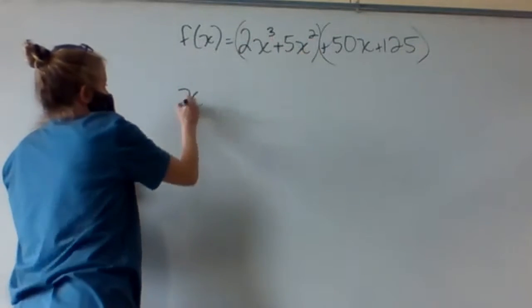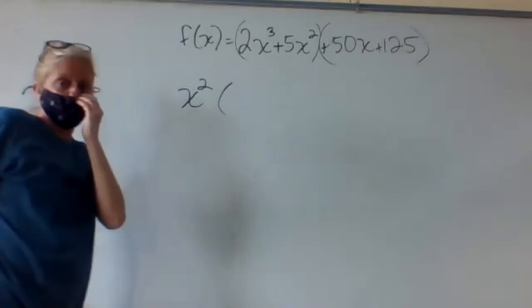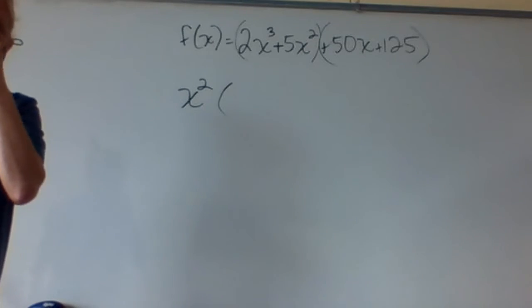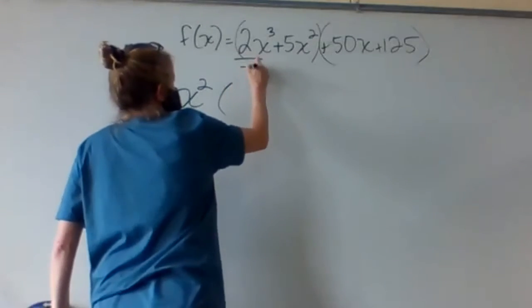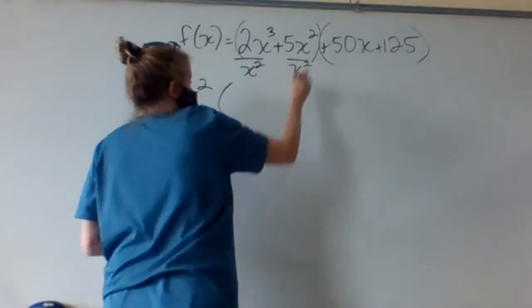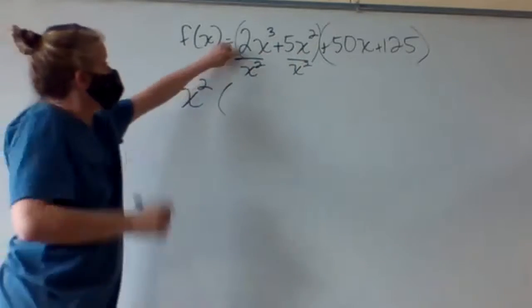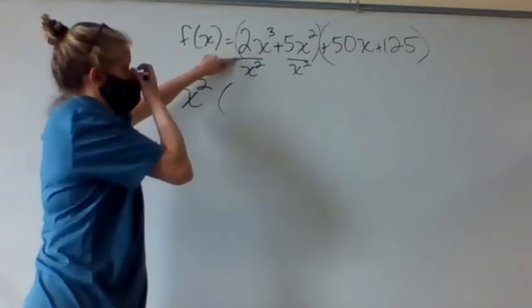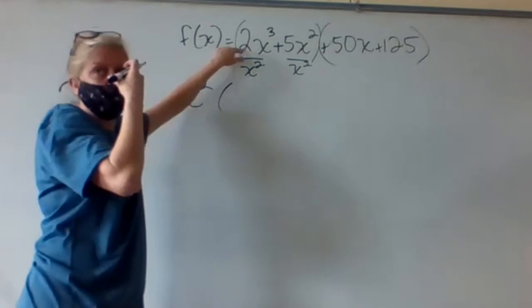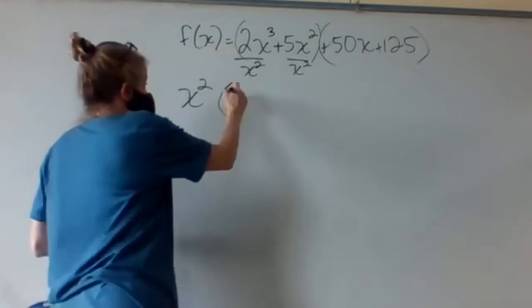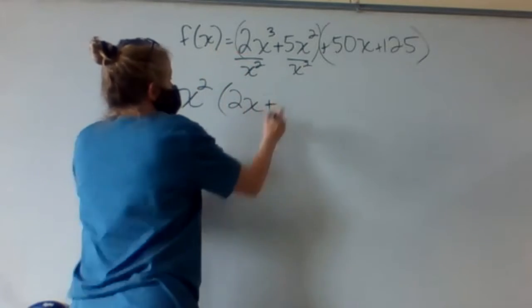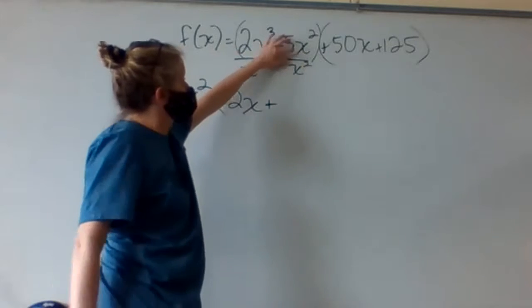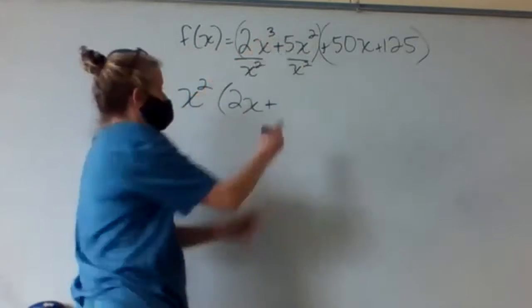So I'm pulling out x squared, putting in parentheses what is left. So if I divide these both by that x squared that I pulled out, if I pulled x squared out of this first term, what's left? 2x, good. Plus, if I took the x squared out of this term, what's left? Just the 5.